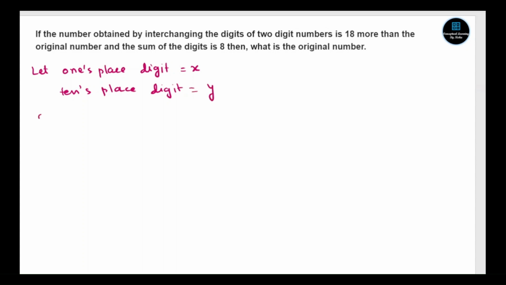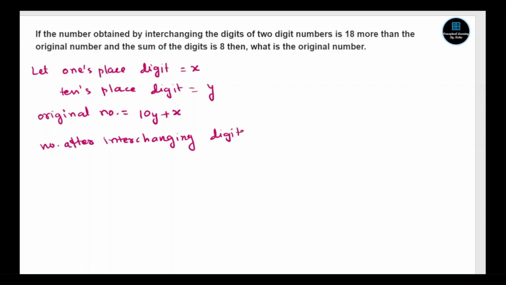Now the original number is 10y plus x. Now when you interchange the digits, the number after interchanging digits equals 10x plus y.